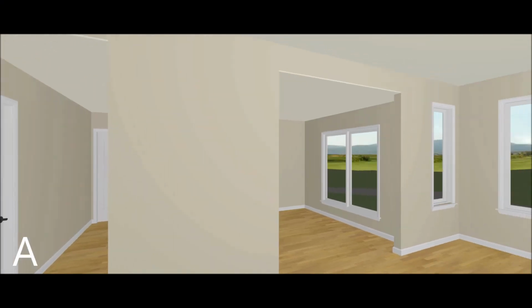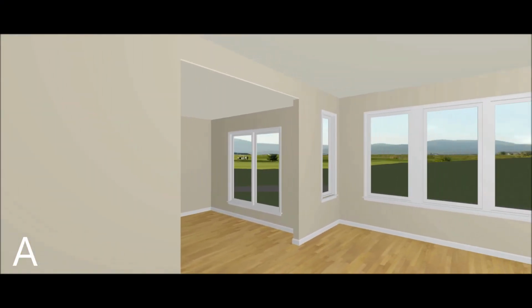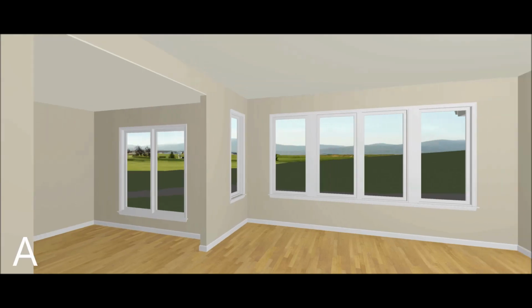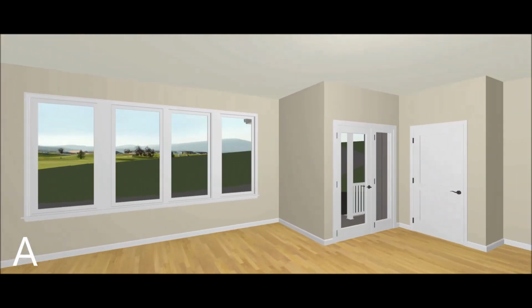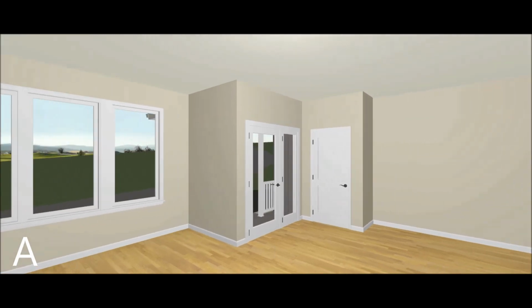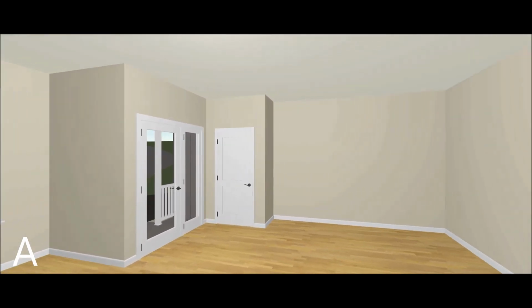These films have labels to the left. This is the one with the 8-foot high ceiling over the kitchen and the 9-foot high ceiling over the balance of the room. And I like this one.